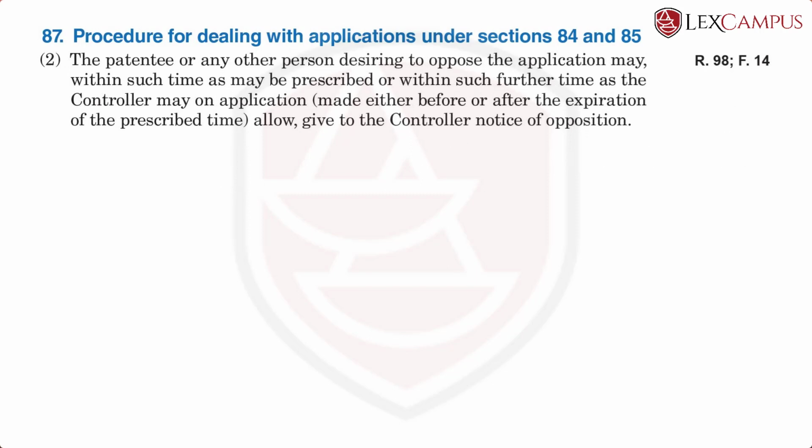The patentee or other person desiring to oppose the application may, within such time as may be prescribed or within such further time as the controller may allow, give the controller notice of opposition.